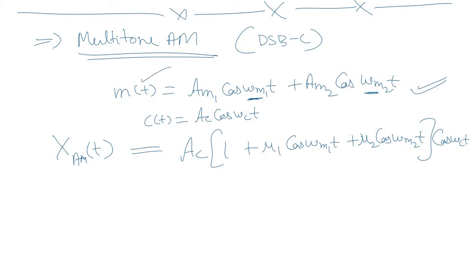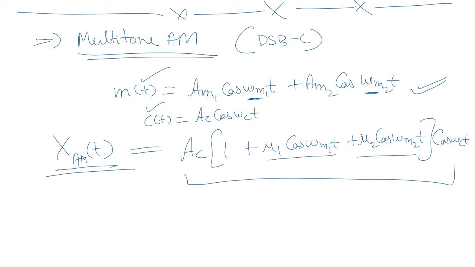Using such a message and carrier signal, the standard DSB-C modulated signal will be of this form: Ac into 1 plus mu1 cos omega m1 t plus mu2 cos omega m2 t, cos omega c t. I hope you can easily correlate it with the standard expression of the single tone type of AM modulated signal, where we had only a single modulation index and a single term, right?